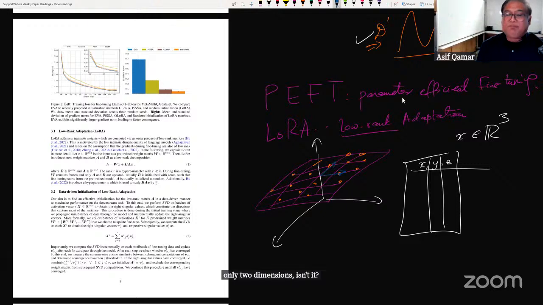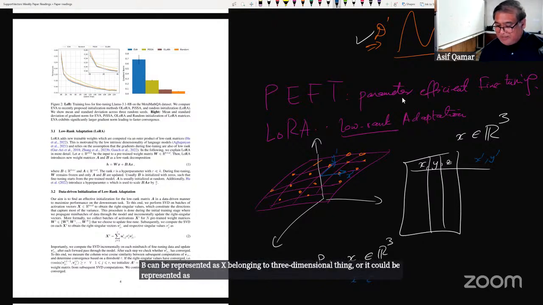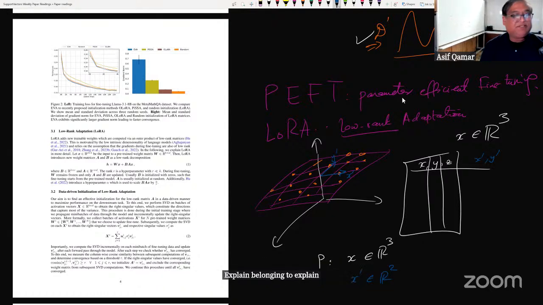If I put a new coordinate axis on the plane and create a new X prime, Y prime, every point has a corresponding X prime, Y prime, isn't it? So the same point P can be represented as X belonging to a three-dimensional space, or as X prime belonging to a two-dimensional one, right?